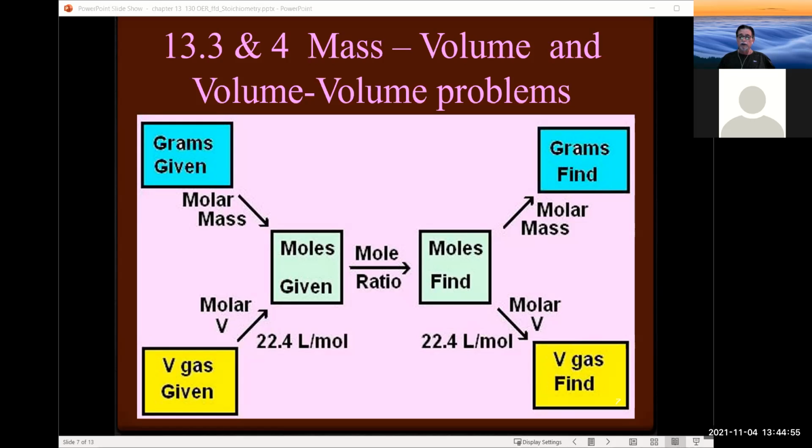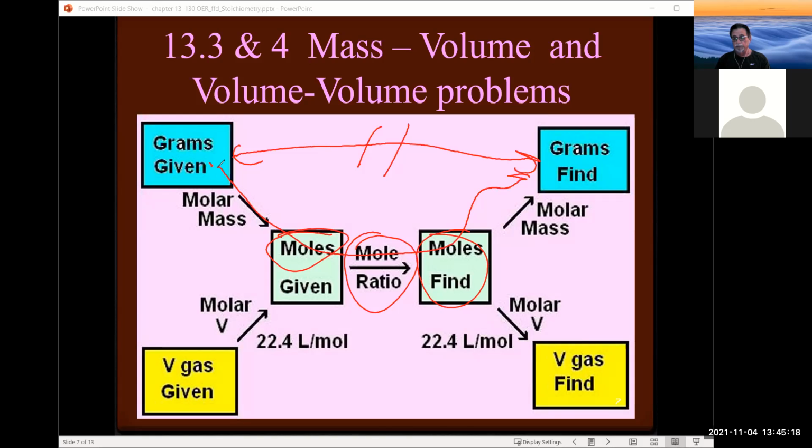Okay. Now, the thing to remember is we need to get into moles all the time. We can't go directly from grams given to grams find. We can't do that. If we're looking at this exercise, what we just did, it went from grams given all the way to grams, what we're looking for.